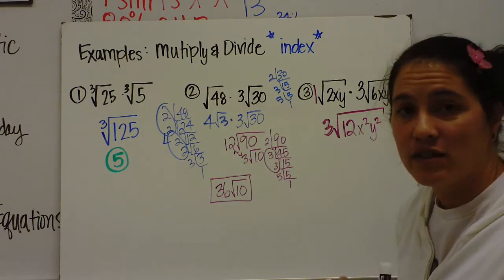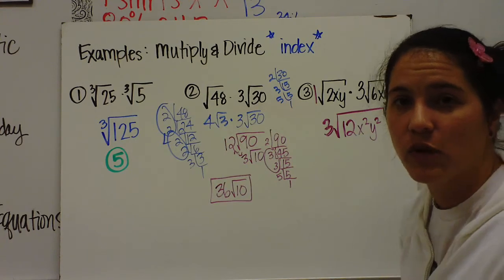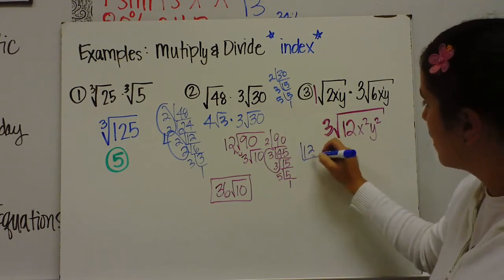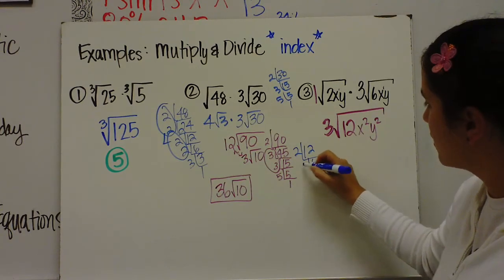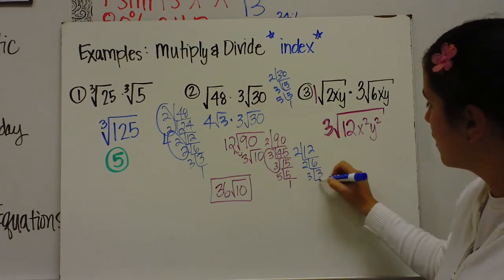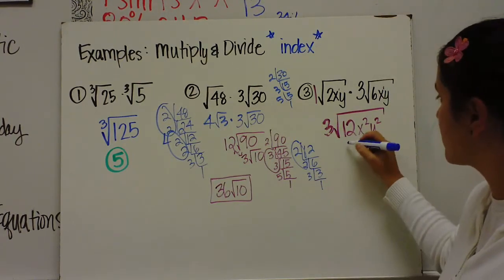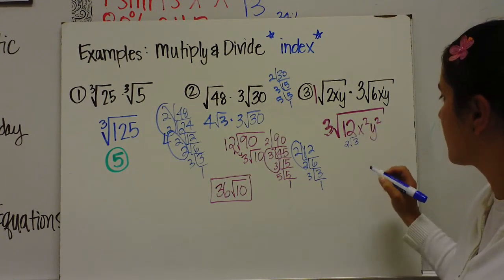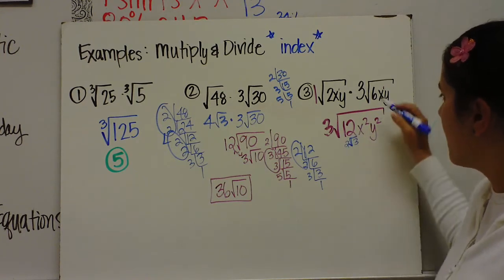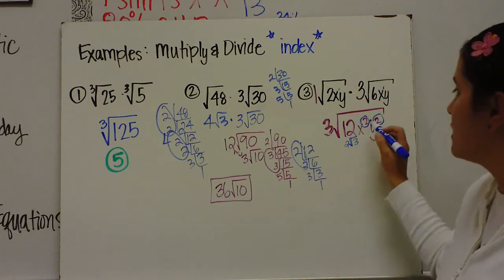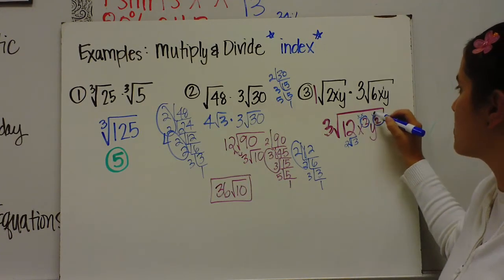I can now simplify. So let's simplify. First, let's work on the 12. The 12 is going to be a pair of 2's can come out. So that's going to be 2 root 3. And then your x's. Since I have 2 of each, we did this earlier. Since I have 2, this is x, and this is y, and this is y.